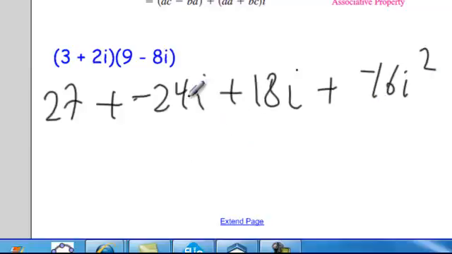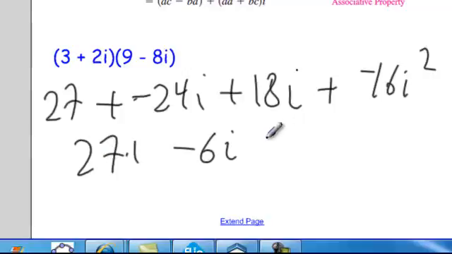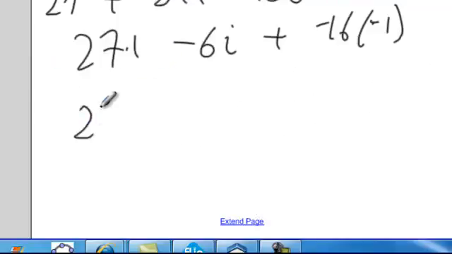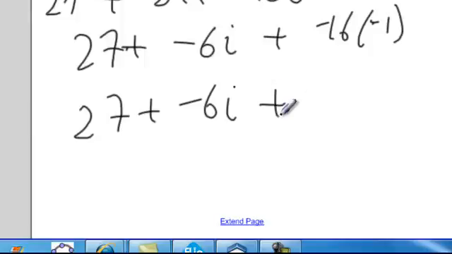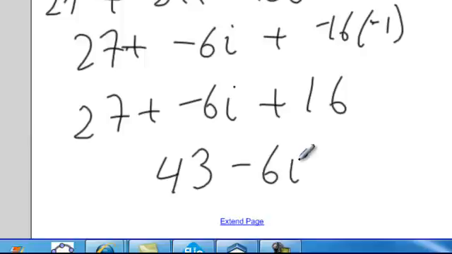Now, some get stopped by just combining these two. But i squared is negative 1. So it's negative 16 times negative 1. And so we have 27 plus negative 6i plus 16, giving us a total of 43 minus 6i.